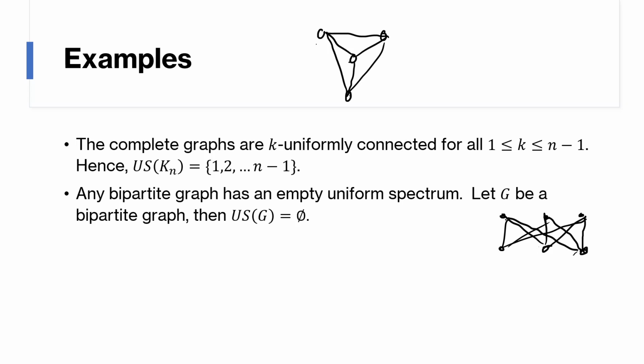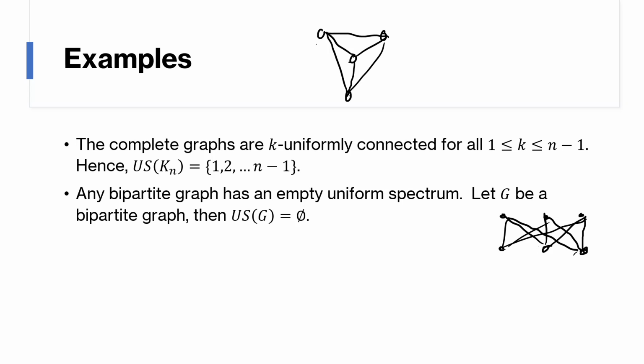And then any two vertices in opposite partite sets, I can only ever find paths of, sorry, I said that backwards. Any two vertices in the same partite set, only paths of even length. And so there are no odd integers in the uniform spectrum.